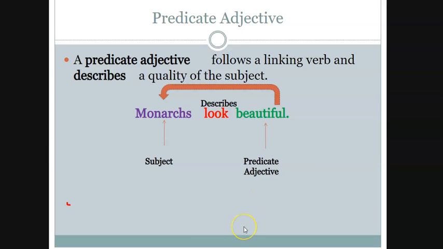So, next one. Predicate adjective I've talked about.